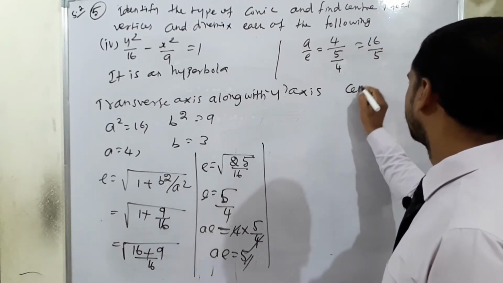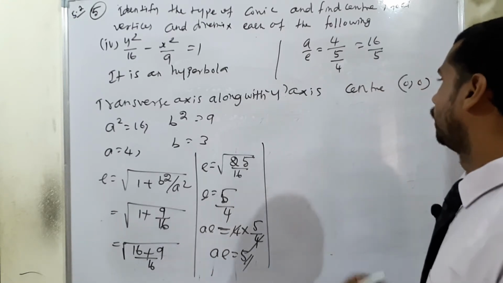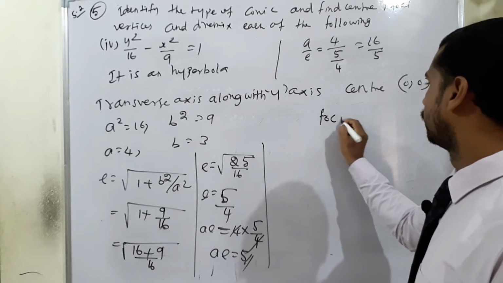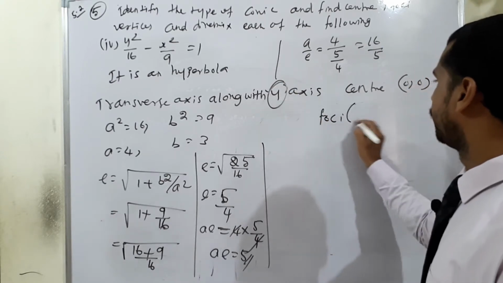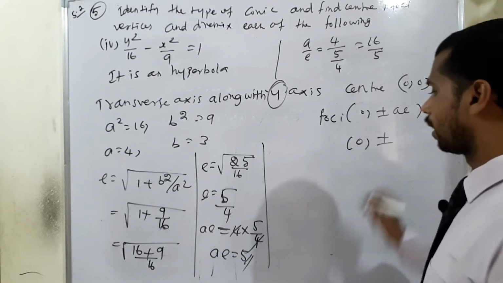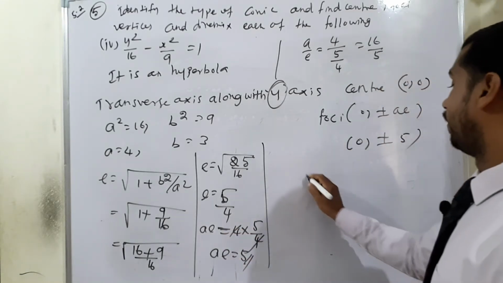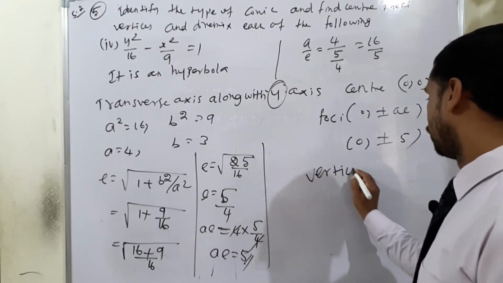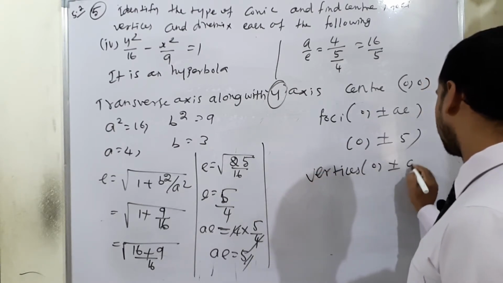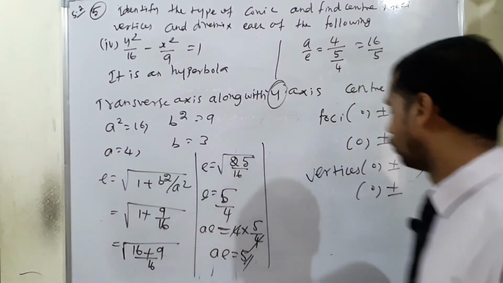Now I am moving to the center: 0, 0. The next point, foci, along the y axis means 0, plus or minus ae. Therefore 0, plus or minus 5. Then vertices: 0, plus or minus a, therefore 0, plus or minus 4.